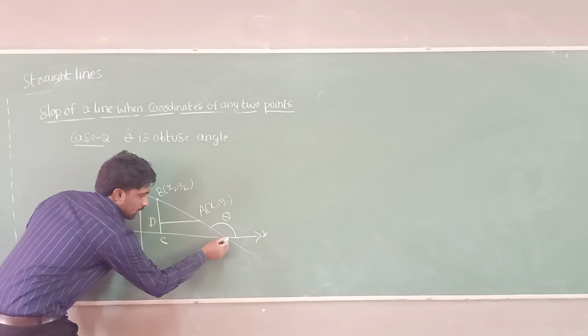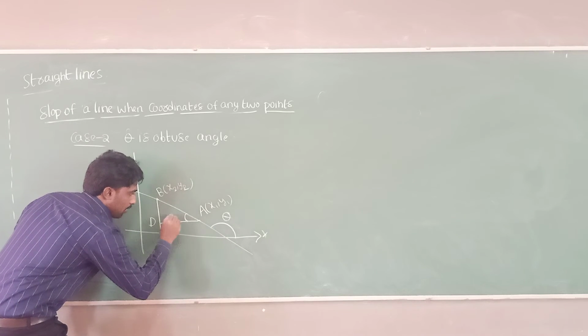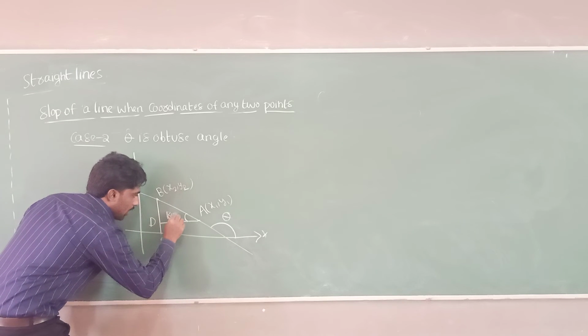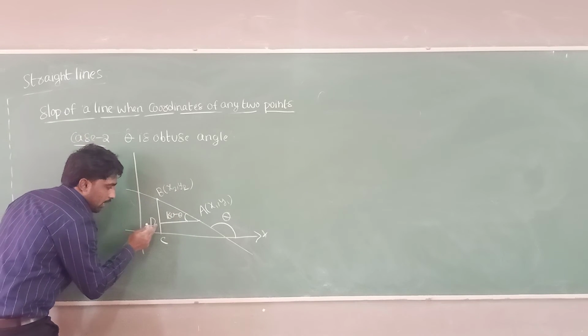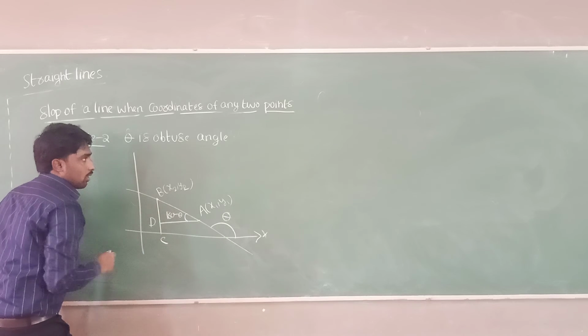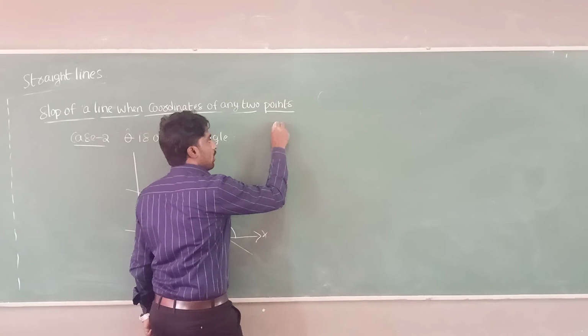Now this angle is theta, so this angle becomes 180 minus theta. Is it clear, everyone? So angle DAB becomes equal to 180 minus theta.